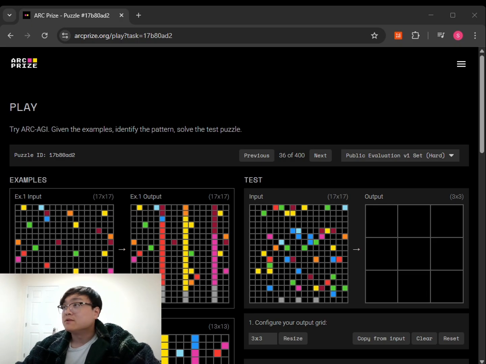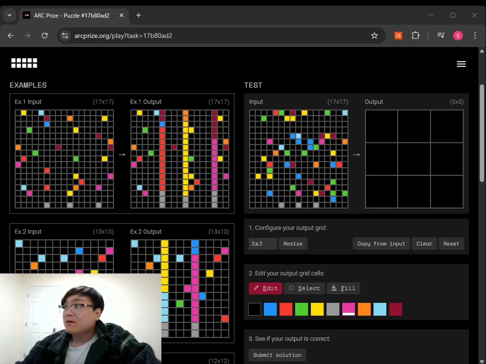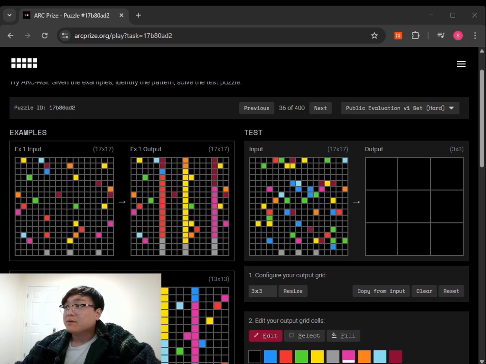So from one of my professor's ARC problems that he picked out, I decided to press next and then do another, let's solve together. So looking at this one, it does look very complicated. I'm trying to see if I can recognize a pattern.